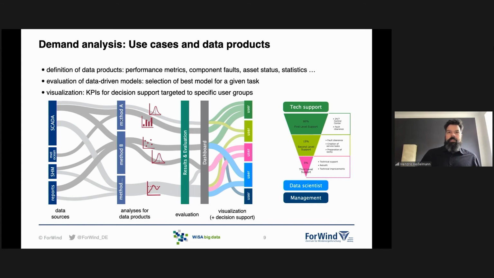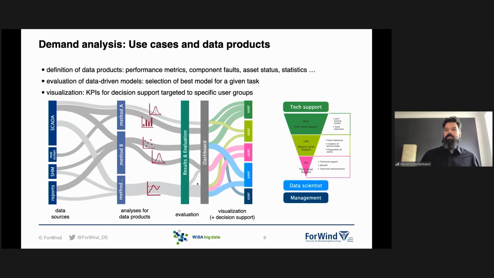We feed these into our different methods. Not each method takes the same type of data, the same data quality. So that's something we are evaluating. What is the data demand for these methods? And once we run these methods, we get some results which we evaluate and compare between the methods.